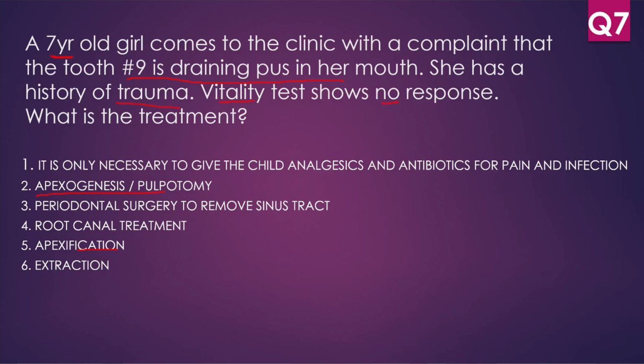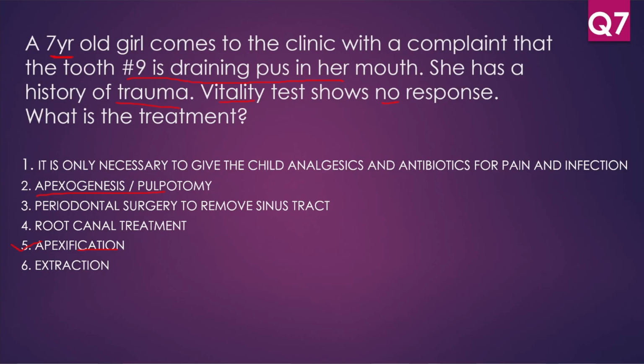So the answer for this question is actually apexification, because this is a permanent tooth and it is draining pus in her mouth. It's already completely infected. So you would have to remove all of the pulpal tissue, and once all of the pulpal tissue is removed, you cannot complete the root canal therapy at that appointment.